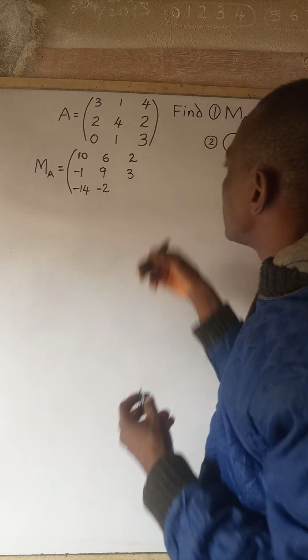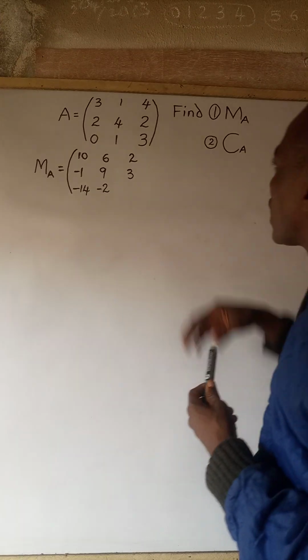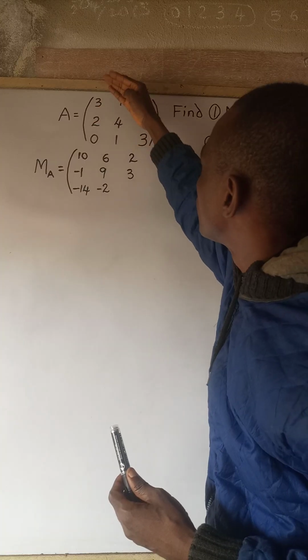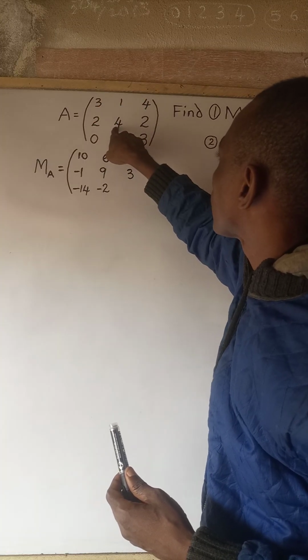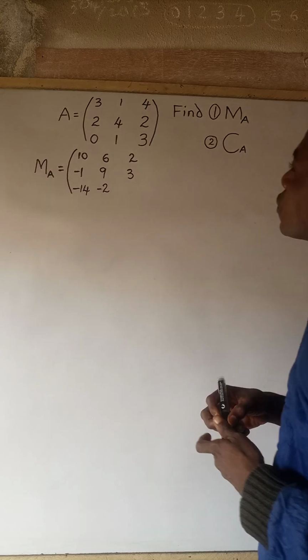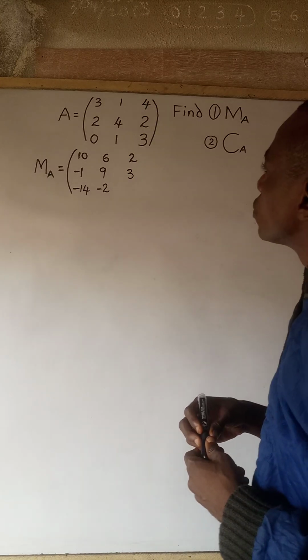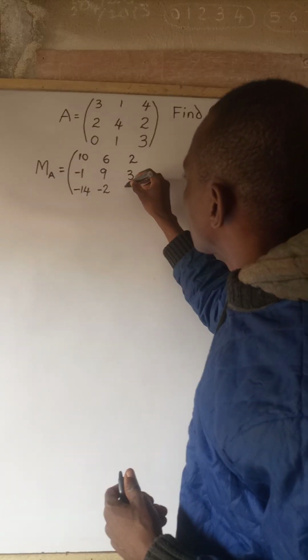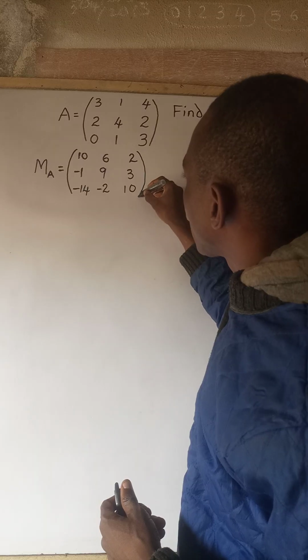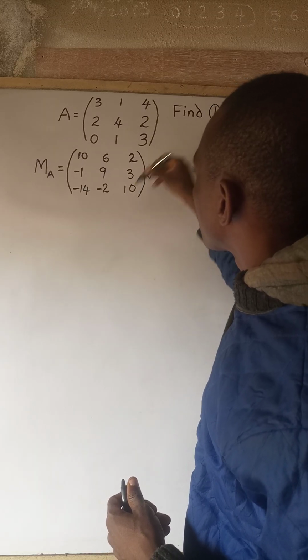We move to the ninth element. So what I will do now, I will cancel the row and the column. We will have, which is 3 times 4 is 12. 2 times 1 is 2. So 12 minus 2 will give us 10.